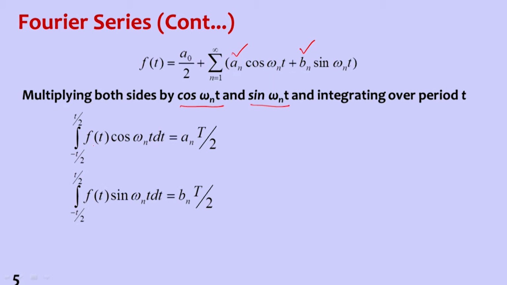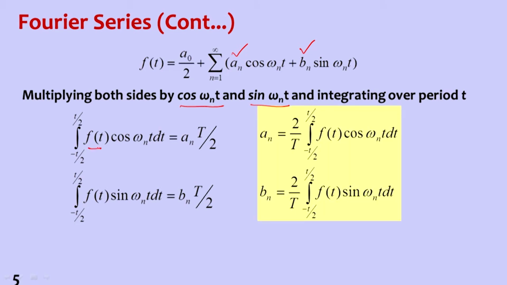If we integrate over one full cycle, the product value gives an times T by 2. Similarly in sine, bn times T by 2, because it is multiplying with this function. Now an will be 2 by T into this integral, and bn is 2 by T into this function.